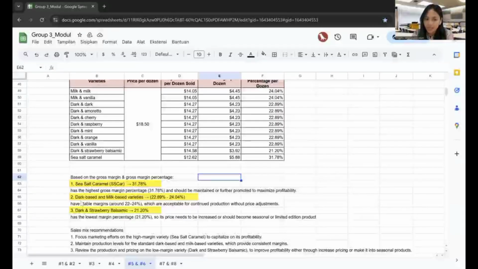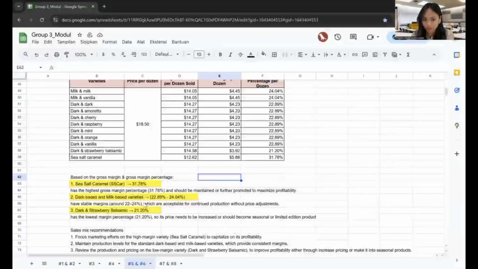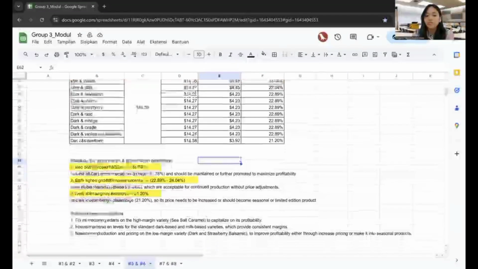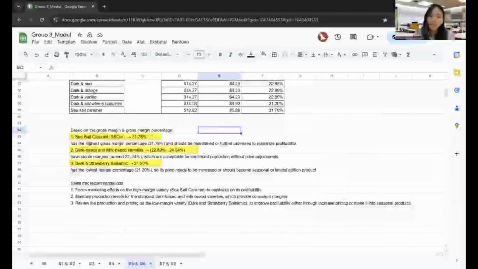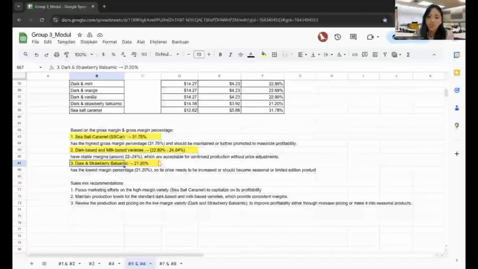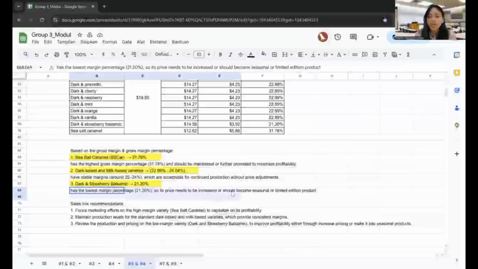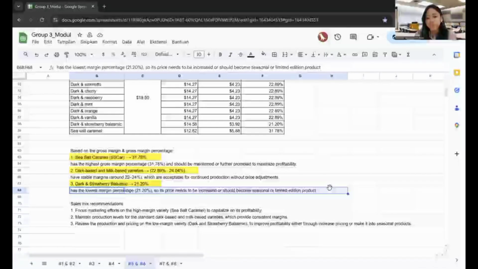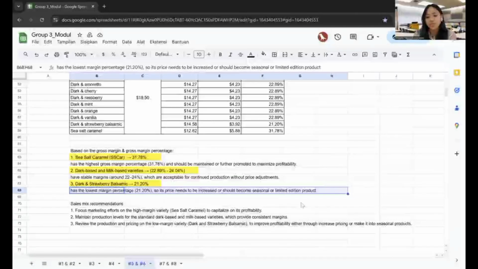It means that the dark base and milk base varieties have stable margins around 22 to 24%, which are acceptable for continued production without adjusting any price. And the last one, the dark strawberry balsamic, which has the percentage of 21%. It means it has the lowest margin percentage, so its price needs to be increased and it should become seasonal or limited production.